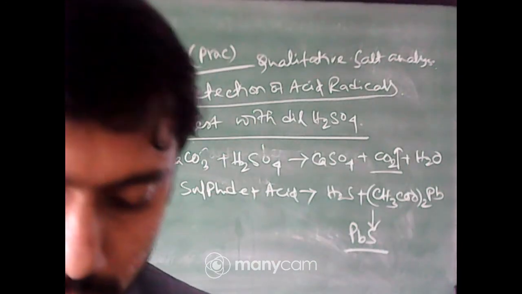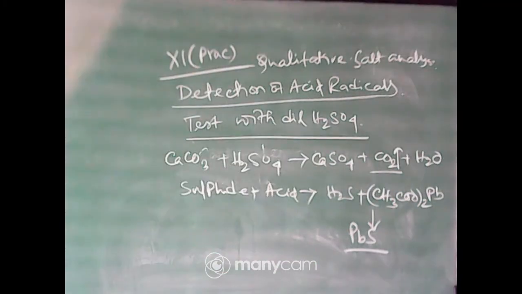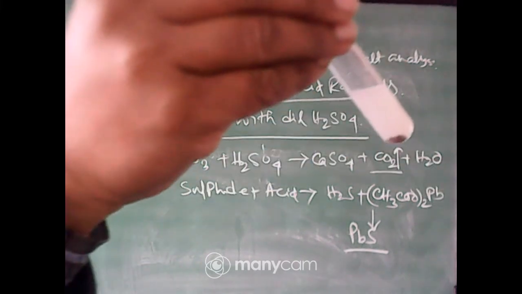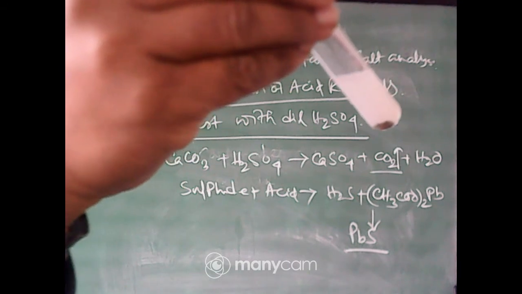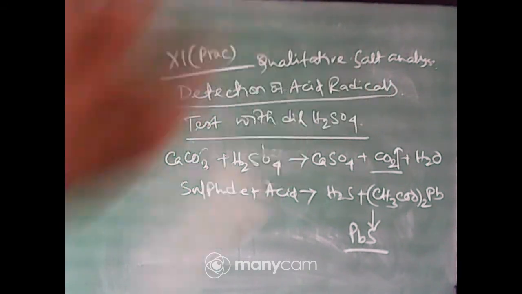Now adding... You can see the black color PPT at the bottom. The black color PPT at the bottom. Okay, so this is due to the presence of lead sulfide.